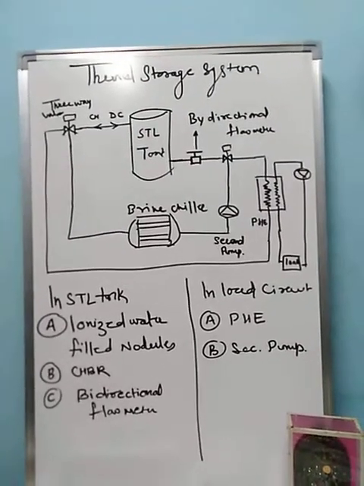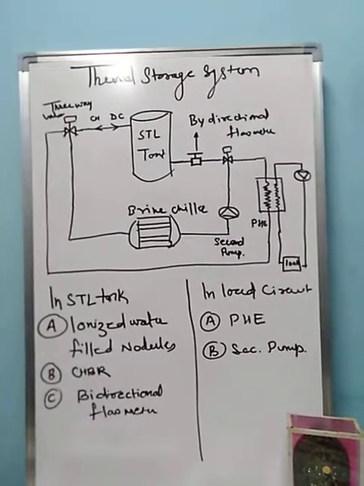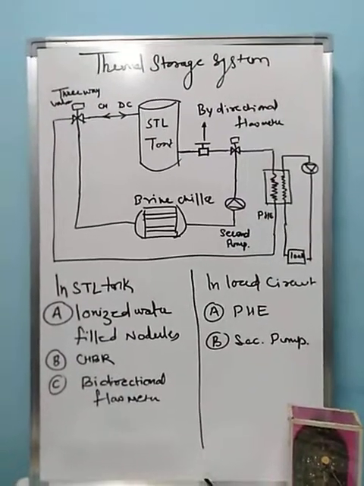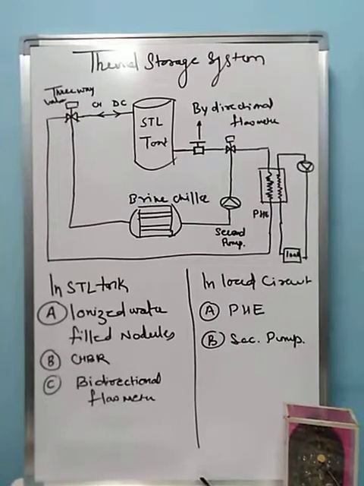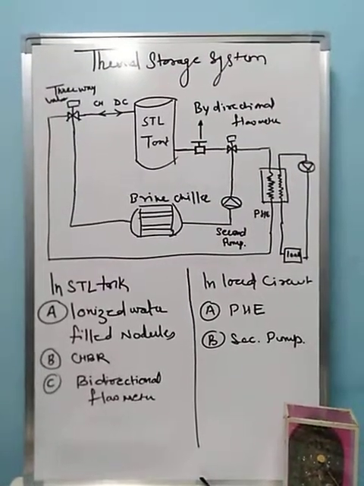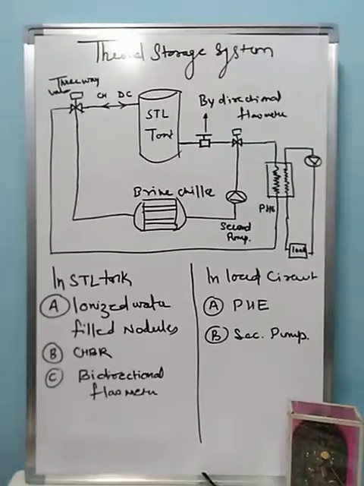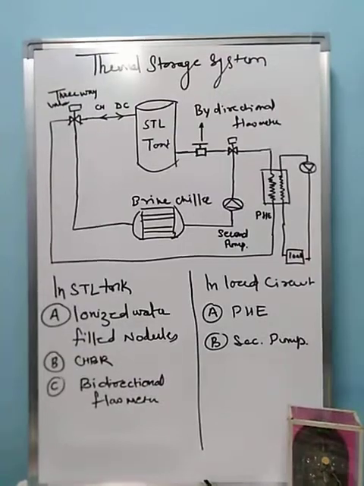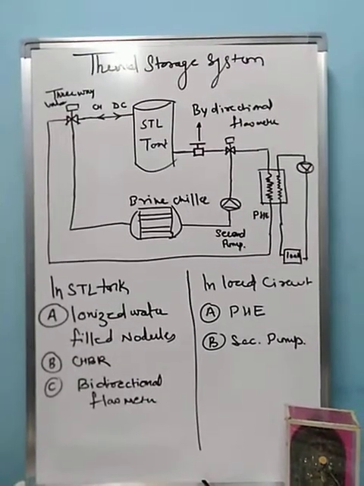The simple logic we can apply in this situation as well. Why and how? The idea is to charge this STL tank by thermal energy and get it released as and when required. So charging is the process of charging the tank.